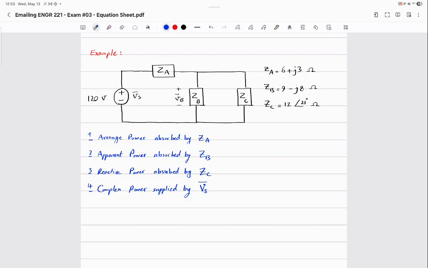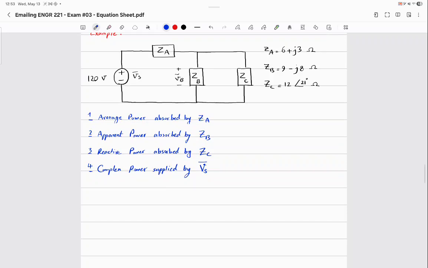Then it is asking apparent power absorbed by ZB, reactive power absorbed by ZC, and complex power supplied by VS. So let's start with ZA, part A. Again, remember, whenever you hear or see the word power, what do you immediately think of? Voltage and current. You should have voltage and current to calculate power.